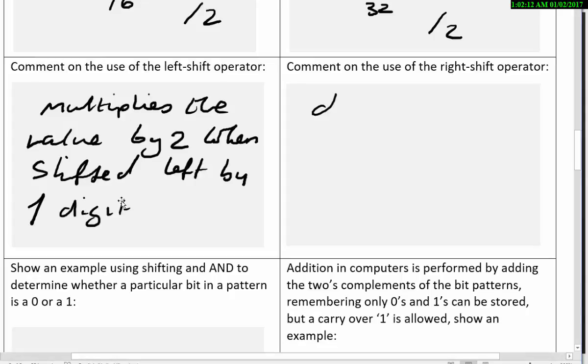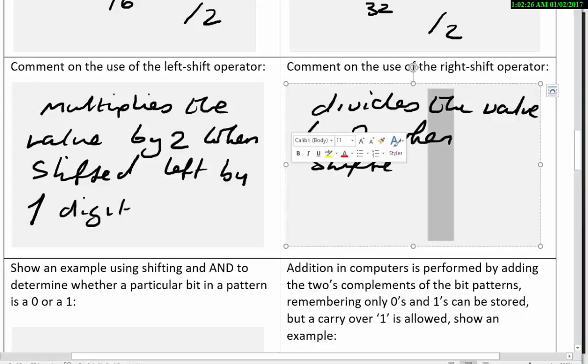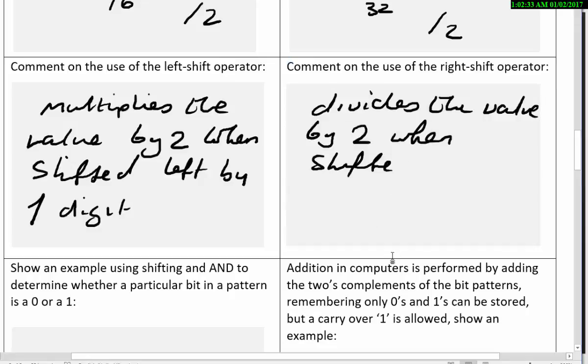Same here. Divides the value by 2 when shifted right by 1 digit. Okay, so that's a comment.